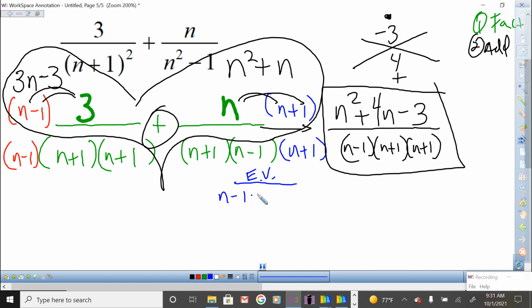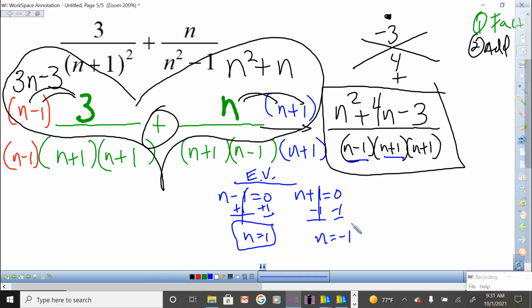I heard n minus 1 equals 0, which is this one, yes. What else? N plus 1 equals 0, which is this one. Do I need to write it again? No, because I'm going to get the same answer. So let's just solve here. Plus 1 plus 1, n equals 1. Minus 1 minus 1, n equals negative 1.